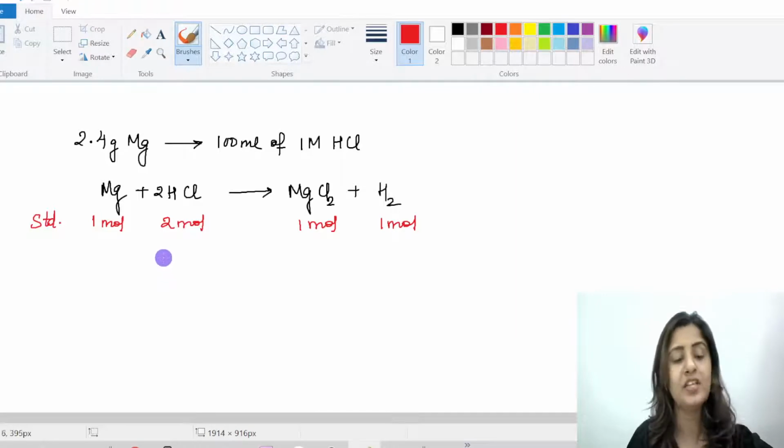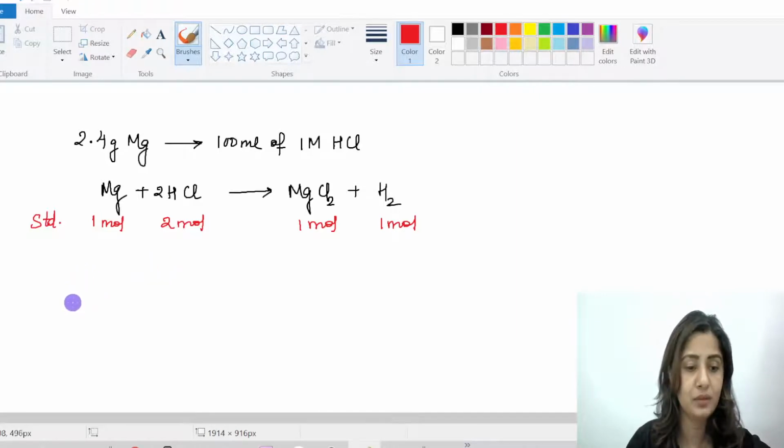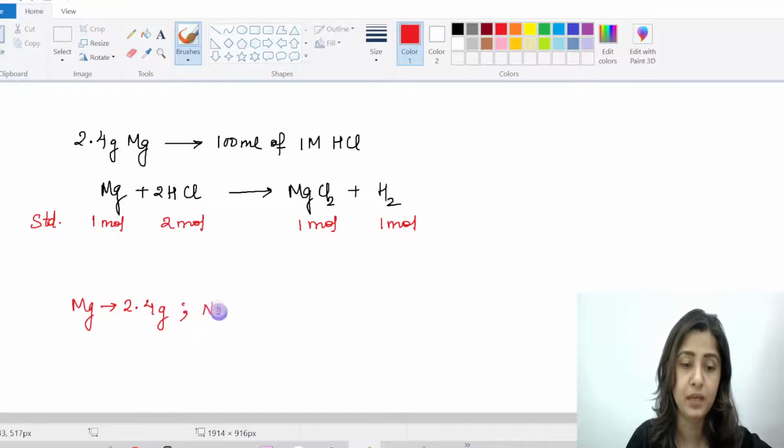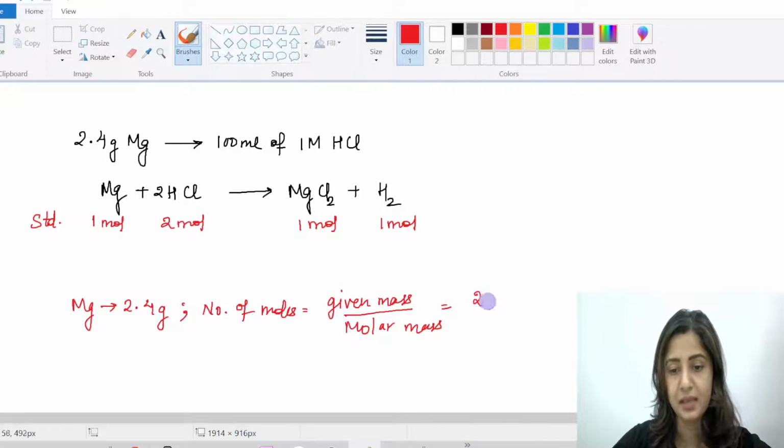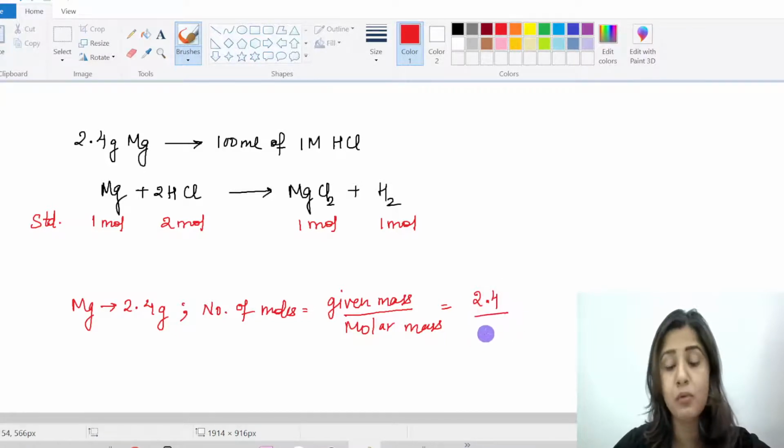Now in the question it says that magnesium is 2.4 gram. So we can find out the number of moles from this. Number of moles can be calculated as given mass by molar mass. Given mass is 2.4, and the molar mass is 24.